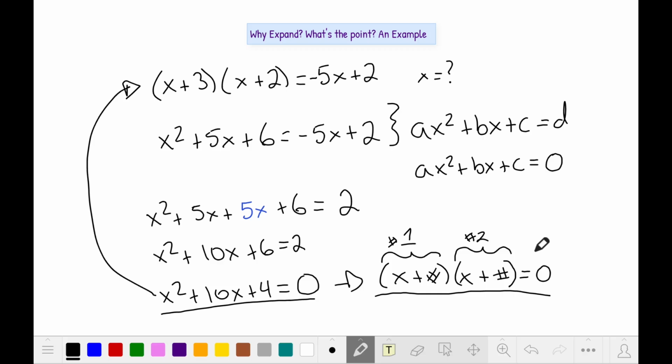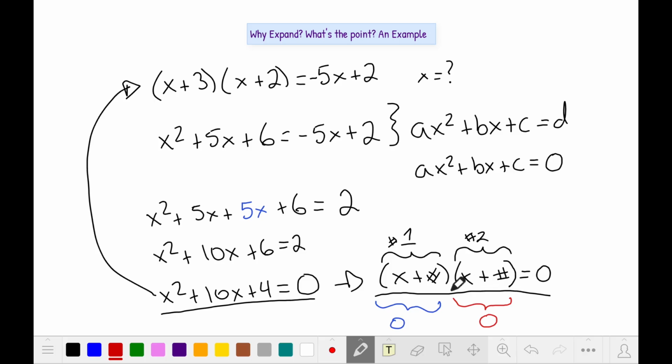And when we're multiplying, the only way that we'll ever get a 0 through a multiplication is if we're multiplying by the number 0. So what does that mean? That means that either this term is equal to 0 or this term is going to be equal to 0.